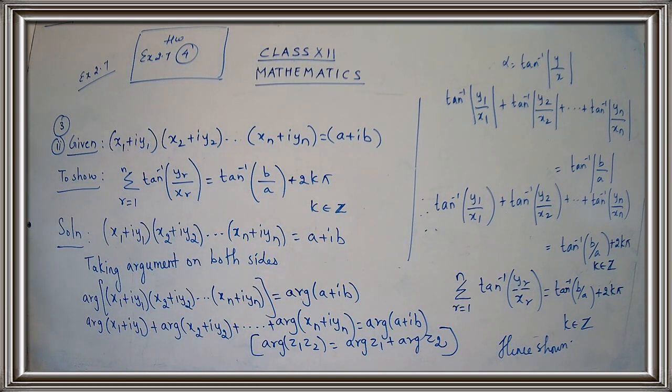Write down the question. If cos alpha plus cos beta plus cos gamma is equal to sin alpha plus sin beta plus sin gamma is equal to 0, show that cos 3 alpha plus cos 3 beta plus cos 3 gamma is equal to 3 cos of alpha plus beta plus gamma, and sin 3 alpha plus sin 3 beta plus sin 3 gamma is equal to 3 sin of alpha plus beta plus gamma.